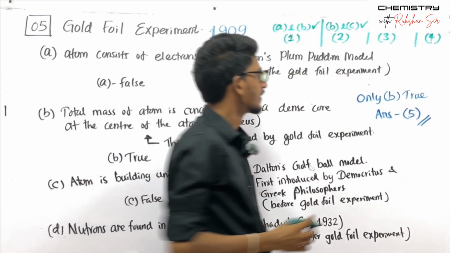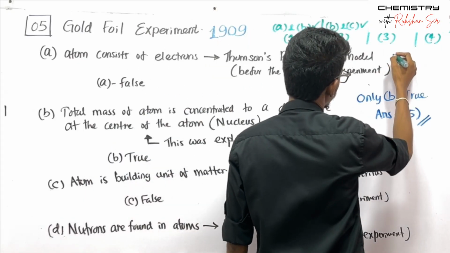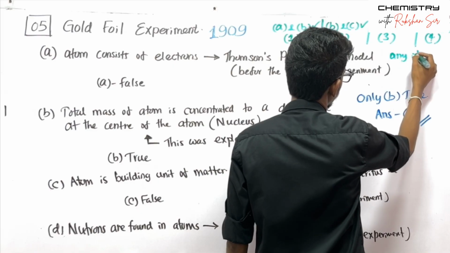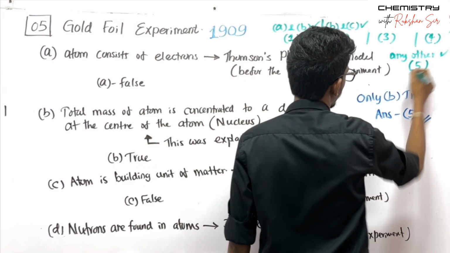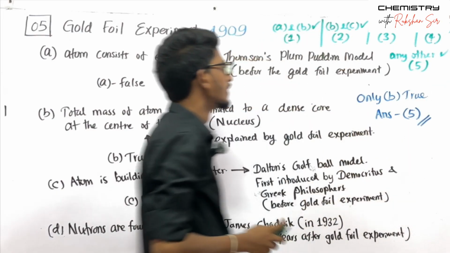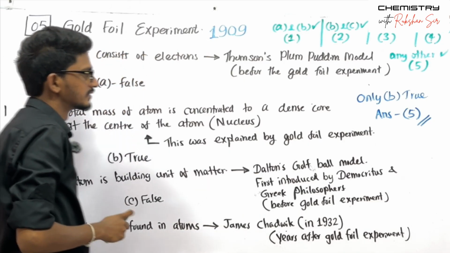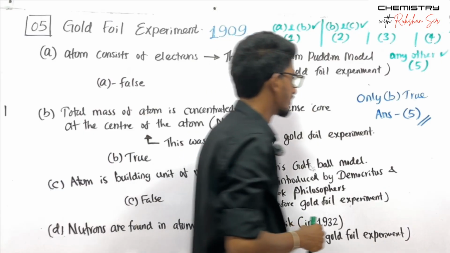For any other choices, you come up with answer number 5. That is how we answer ABCD questions.